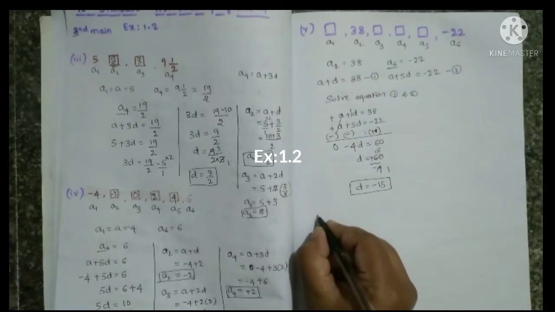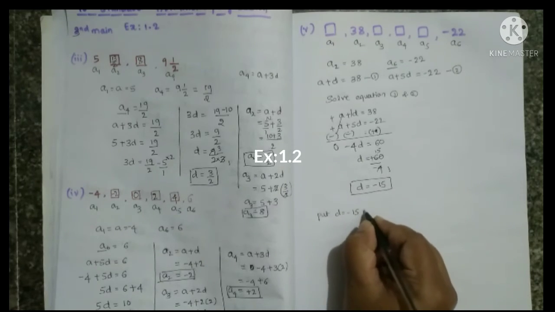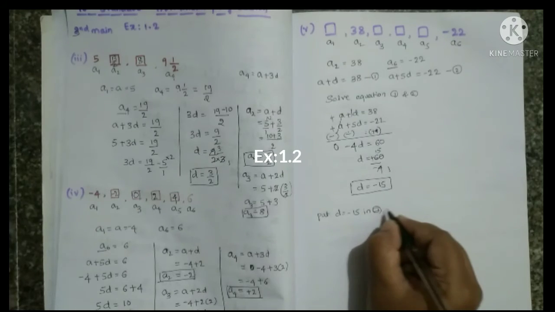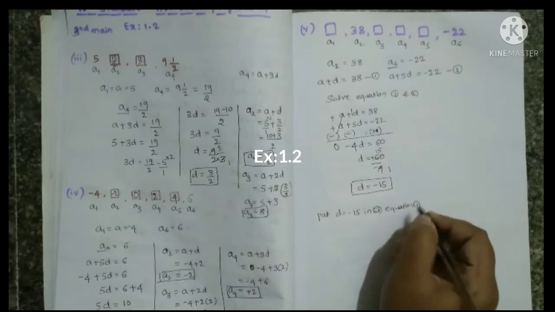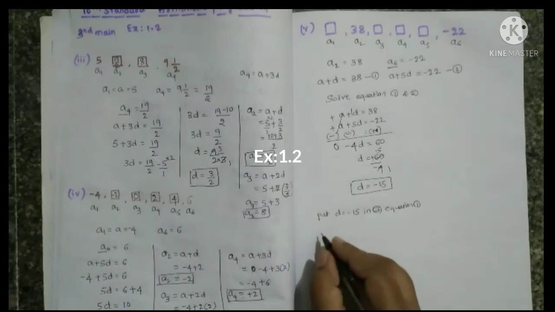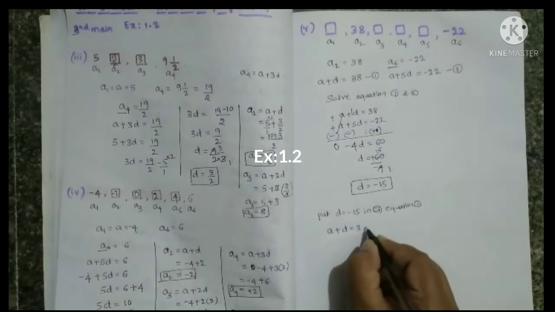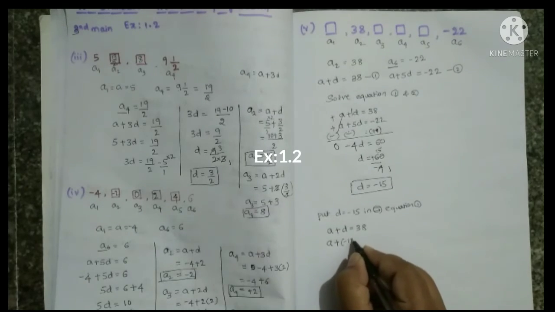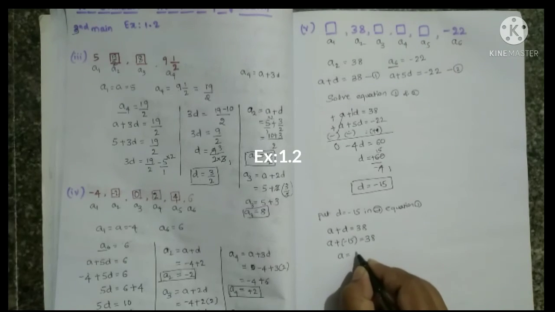So put D equal to minus 15 in equation 1. Equation 1, what we have here? A plus D equal to 38. So A value we have to find, and D value is minus 15, equal to 38. Then A equal to 38.